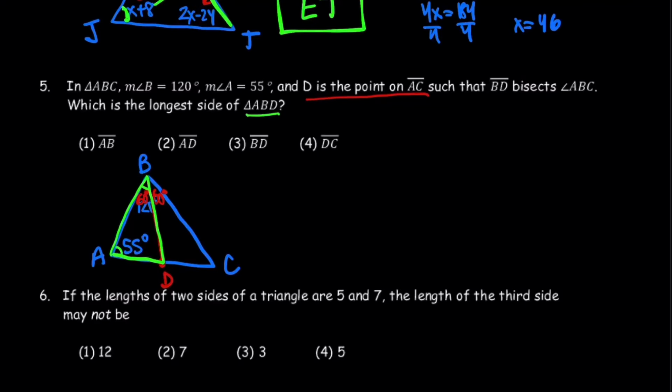So to get my other angle there, I'm going to take 180 minus 60 minus 55. All right, so 180 minus 60 is 120, minus 55 is 65. So the angle there is 65. It says longest side. It's going to be opposite the biggest angle, so that's going to be this one right here, AB. Choice 1.